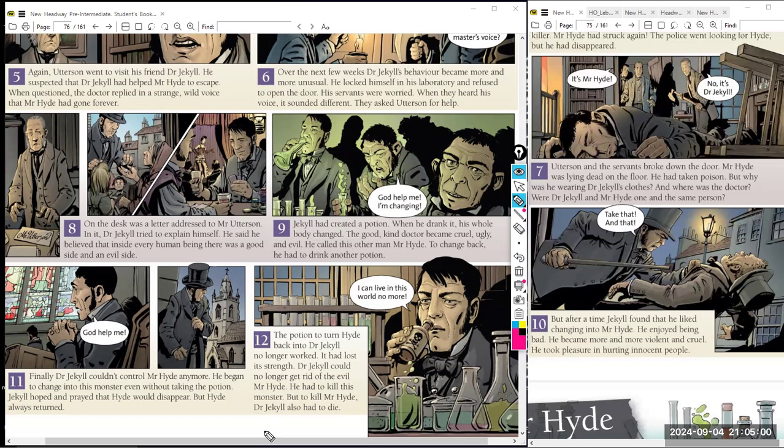At first, Dr. Jekyll couldn't control Mr. Hyde anymore. He began to change into this monster even without taking the potion. So this is why he couldn't control himself.